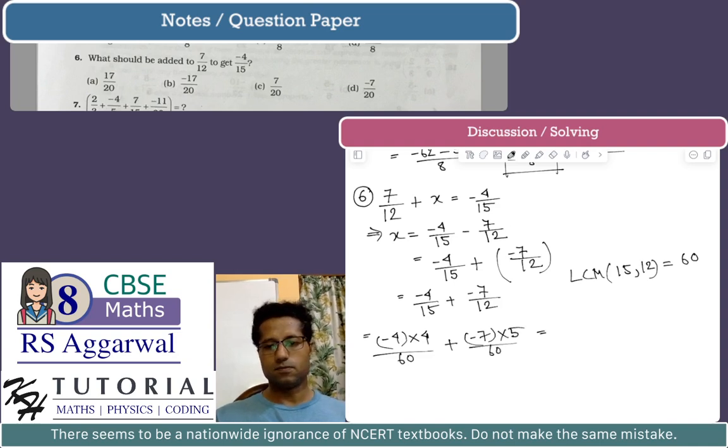So this becomes minus 16 by 60 plus minus 35 by 60. This is equal to minus 51 by 60. Minus 51 by 60 is the number that we need to add.